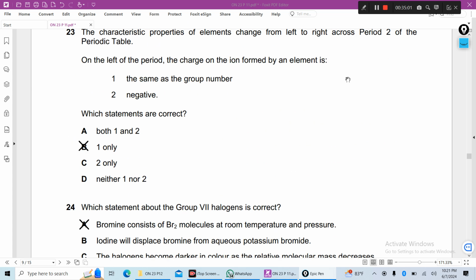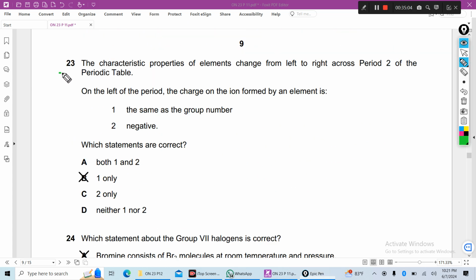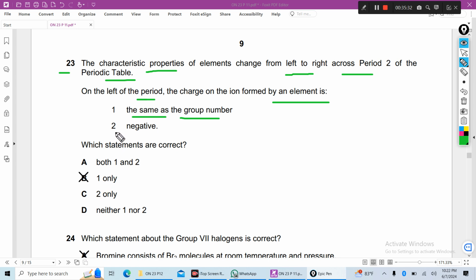Number 23. The characteristic properties of elements change from left to right across period 2 of the periodic table. On the left of the period, the charge on the ion formed by an element is the same as the group number, and on the right, 2 negative. Which statement is correct? So B is the right answer, only 1, not negative, because it is the same as the group number.